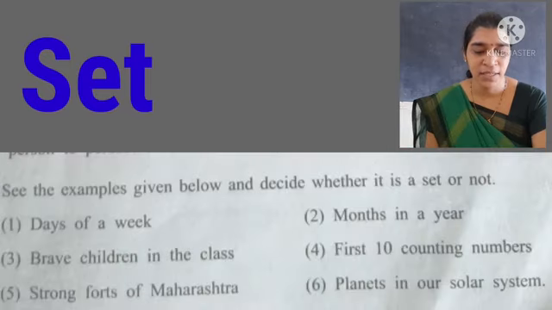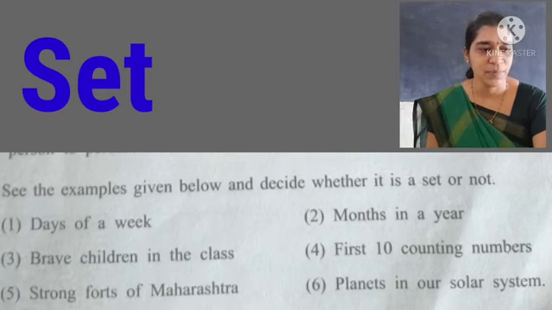See, here I have given some examples. First read these examples: days of the week, months in a year, brave children in your class, first 10 counting numbers, strong forts of Maharashtra, planets in our solar system.